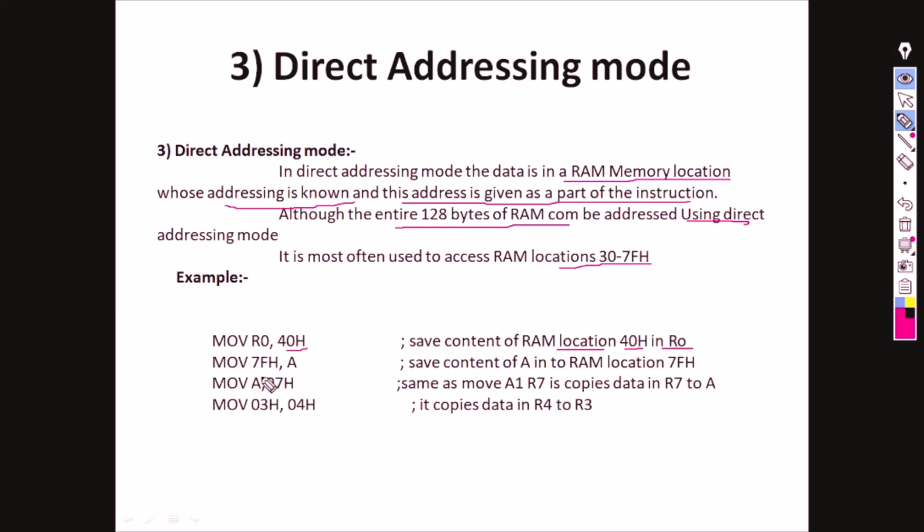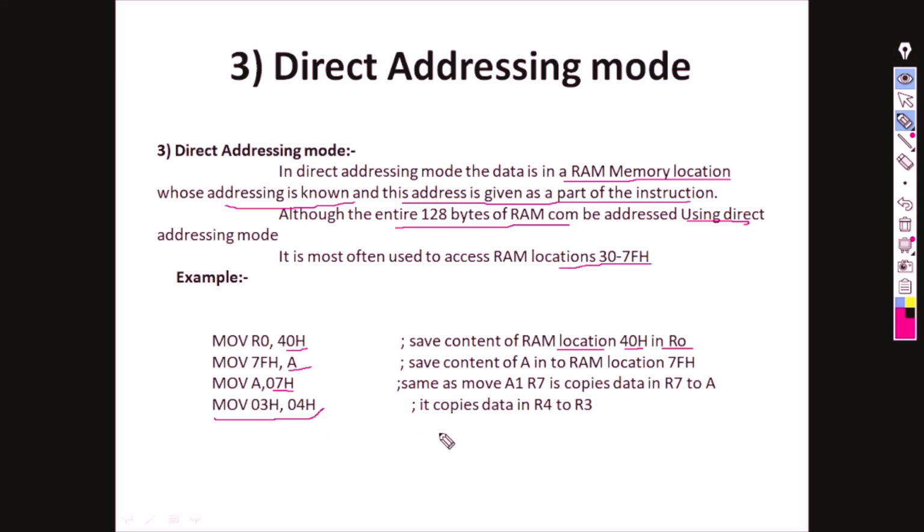MOV 7FH, A: we want to store the content of the accumulator into address 7FH. MOV A, 07H: we want to store the content from location 07H into the accumulator. MOV 03H, 04H: if we want to copy the content of location 04 to 03, we can use it like this.